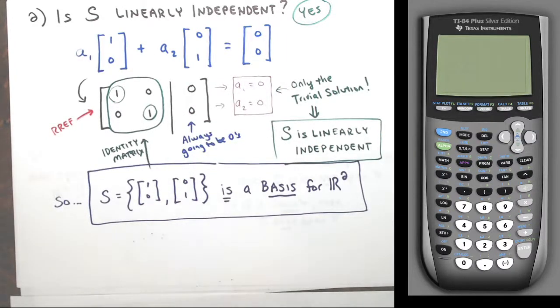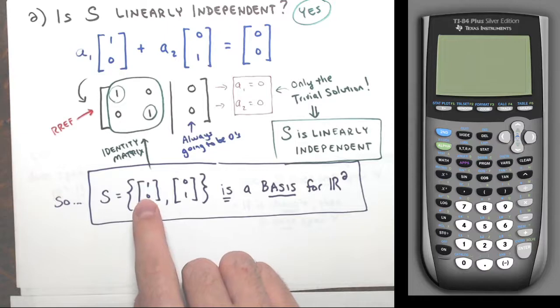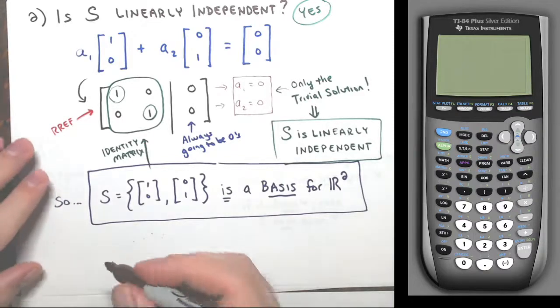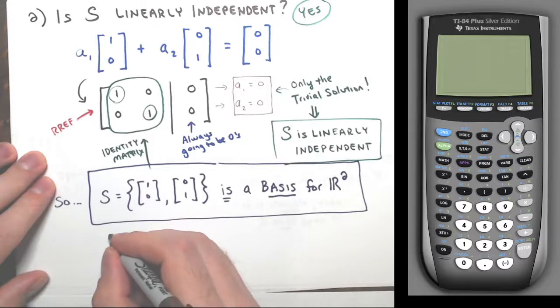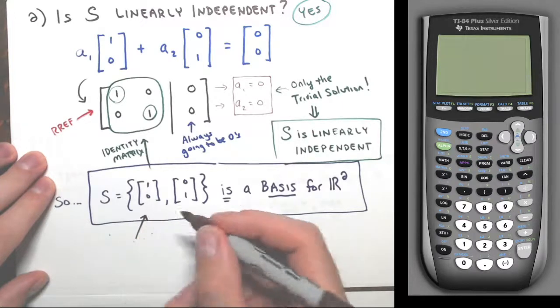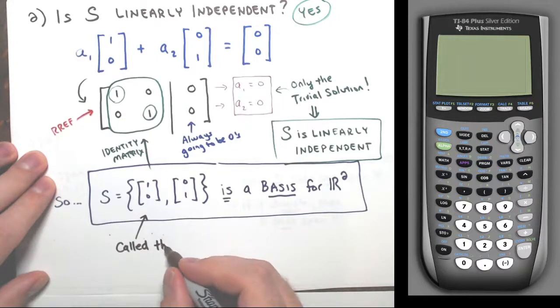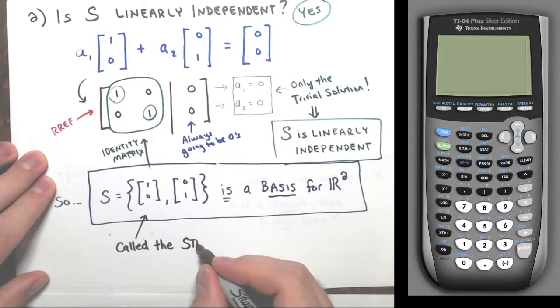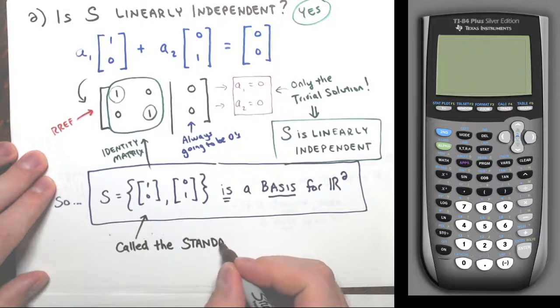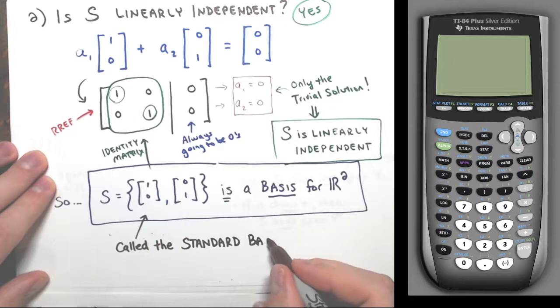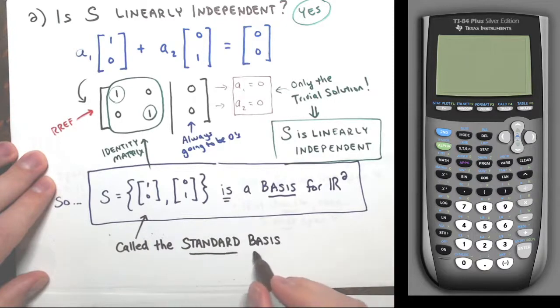You have vectors where there's 1 in one of the components and 0 everywhere else. This is called the standard basis for R2.